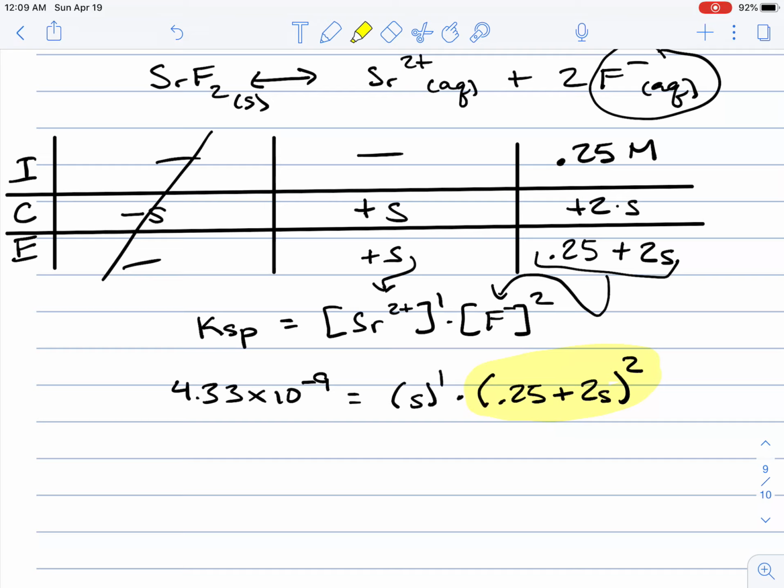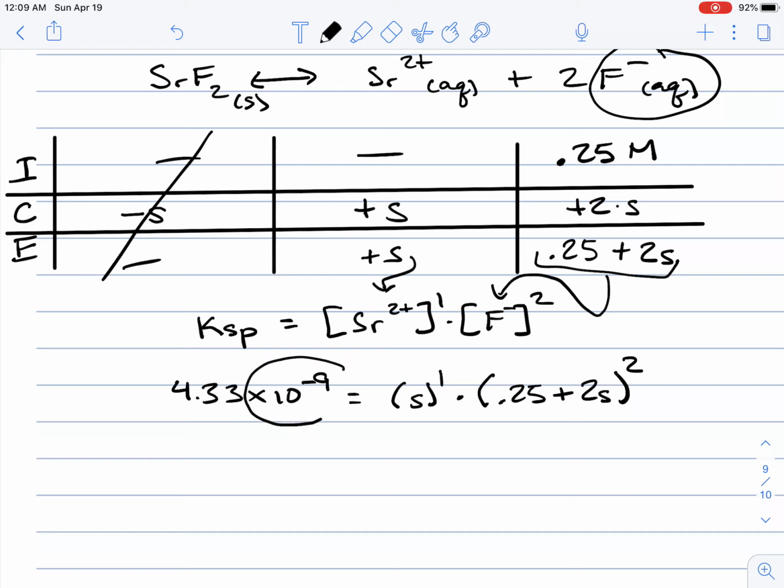The answer is no. So very similar to all of the equilibrium problems that you have done, whether it's acid-base equilibrium or just equilibrium in general, we can start approximating the change by looking at the magnitude of our equilibrium constant.